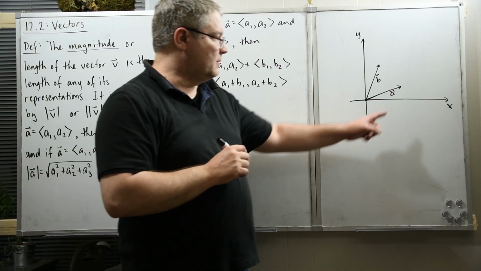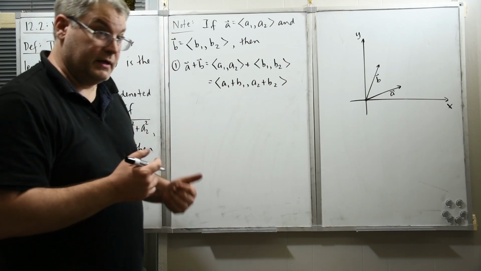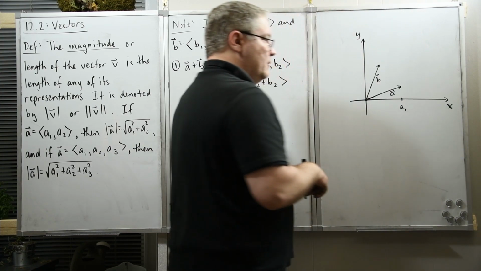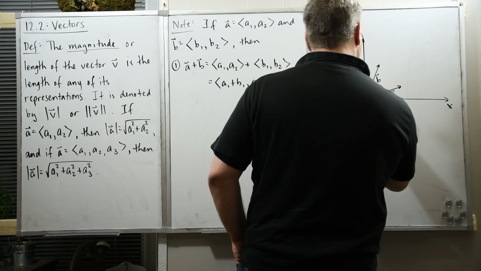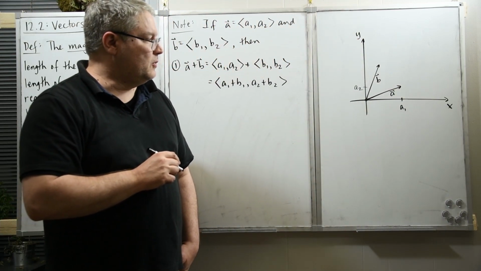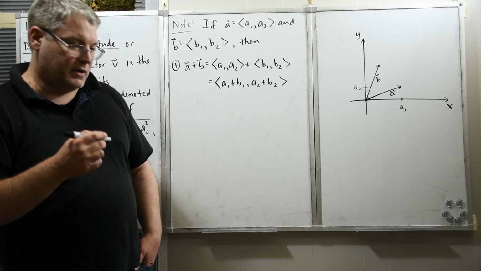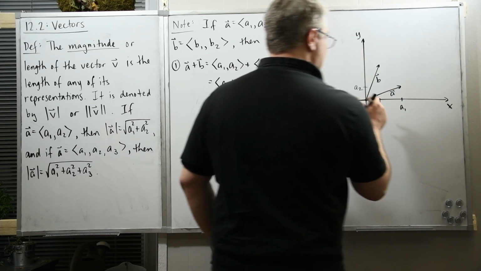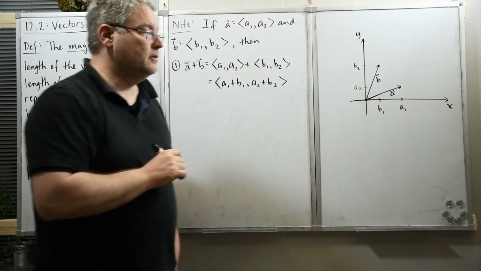Well, the terminal point of the vector A has coordinates A1 and A2. So you'll have A1 there, and then you'll have A2 there. The terminal point of B will be located at B1, B2. So you'll have B1 there, and then you'll have B2 there.